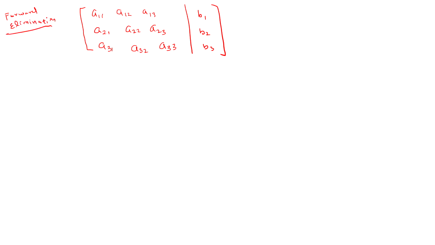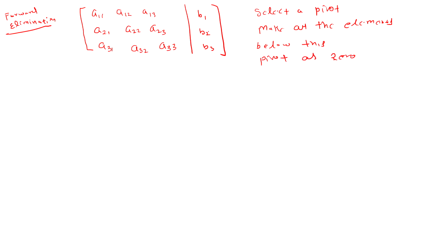So the idea is to select a pivot and make all the elements below this pivot 0.